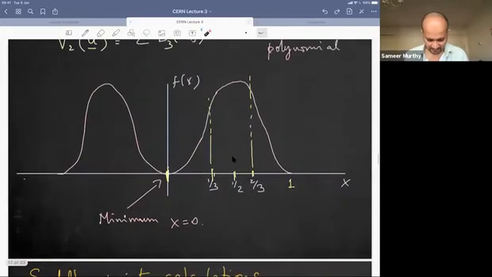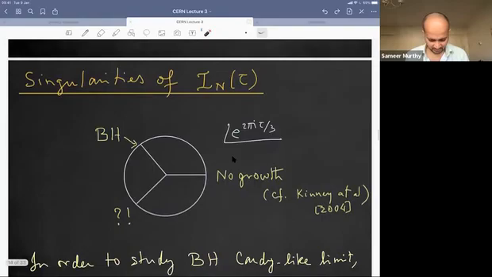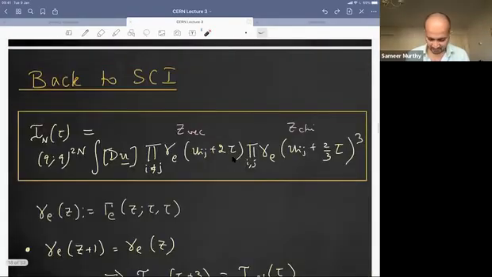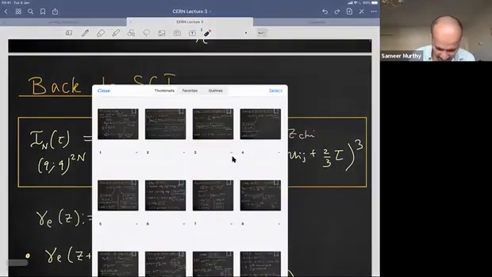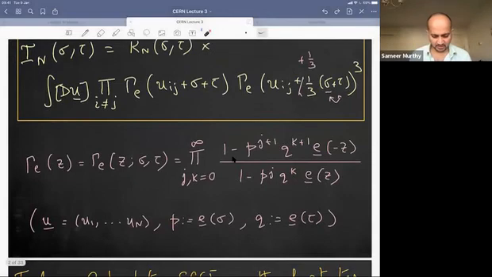Let's look at that. I want the infinite product. Here's the infinite product, but maybe I'll go back to the beginning here. Suppose I put uij in this integrand equal to 0, and I take tau to 0.